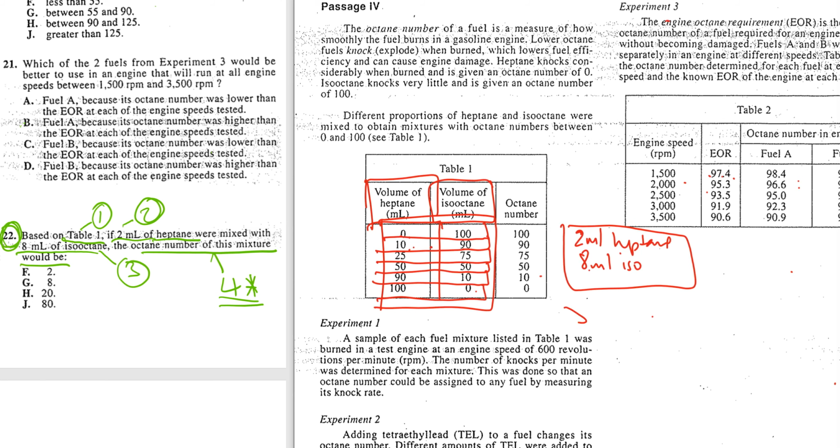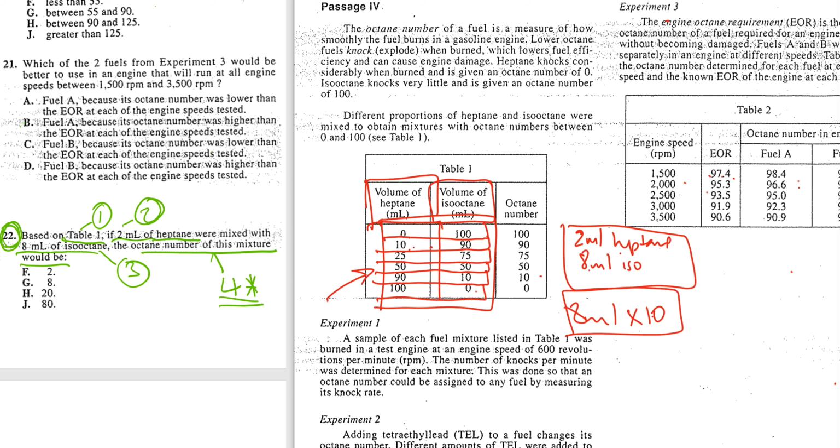So if you've only got 8 milliliters, you've got to pretty much multiply that by 10 to be able to read off of this graph. You can't just stick 8 milliliters of isooctane into this.